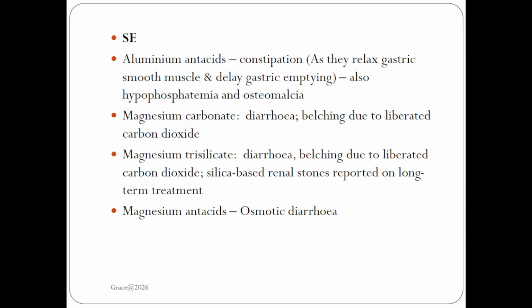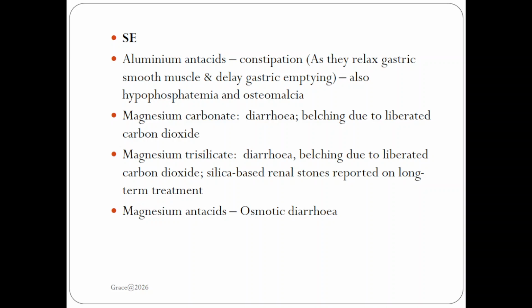When you're using magnesium carbonate or magnesium hydroxide, your patient will develop diarrhea. So you find that most of the syrups we have, the manufacturers have combined both the magnesium and aluminum in a way that the diarrhea from magnesium manages the constipation that aluminum hydroxide would bring about.